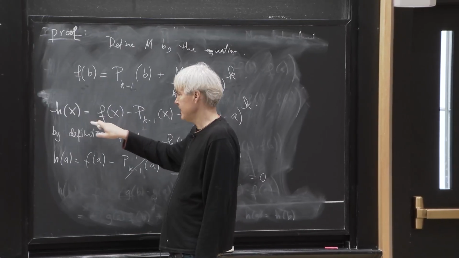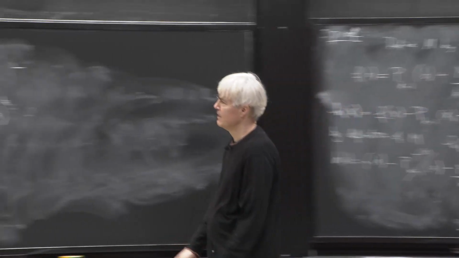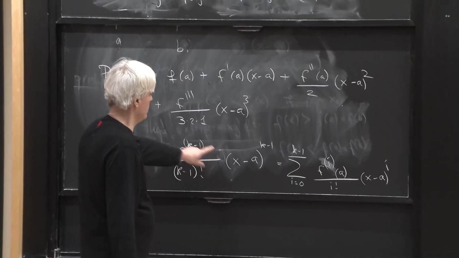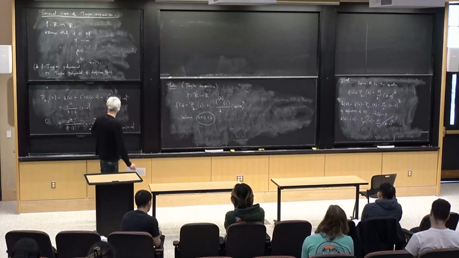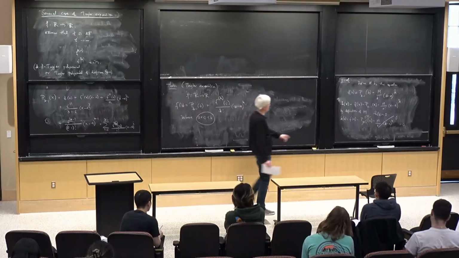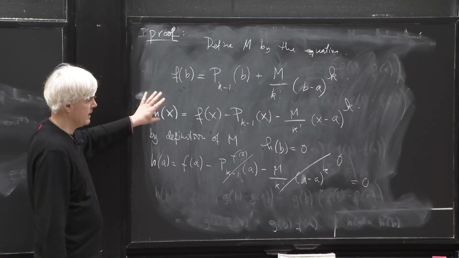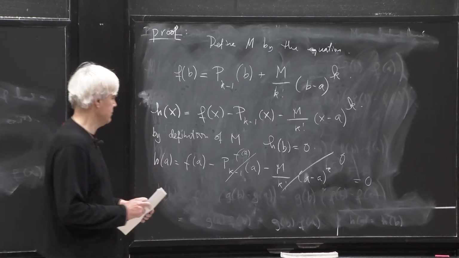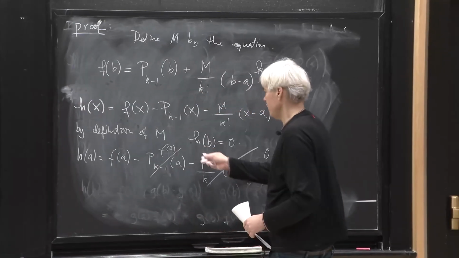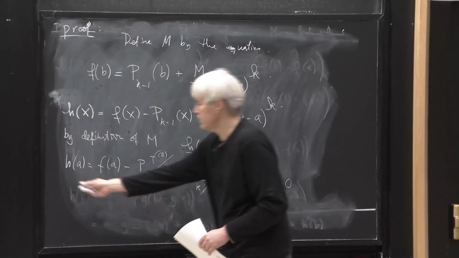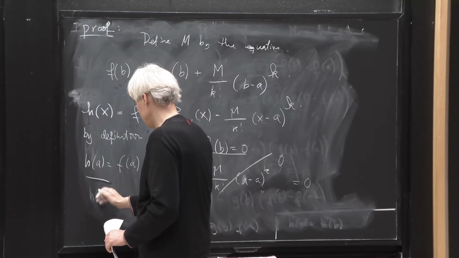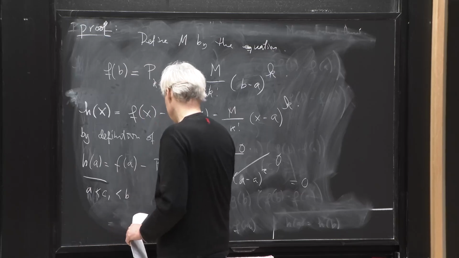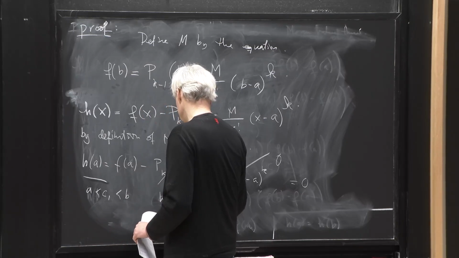In fact, all the derivatives up to the k minus 1 derivative of h are 0 at a. So you can repeat Rolle's theorem. This, together with this, allows you to find C1 strictly between a and b where the derivative is 0.